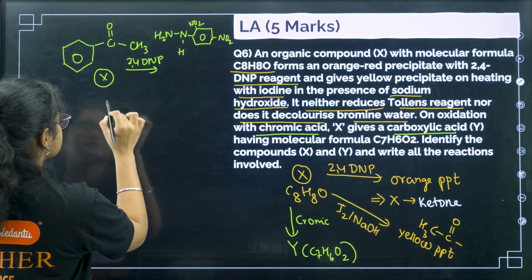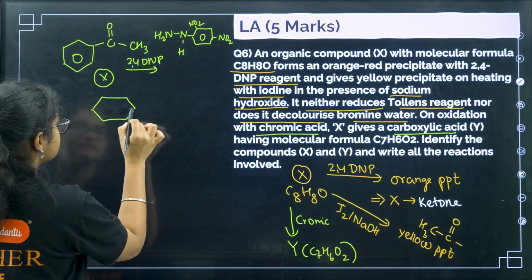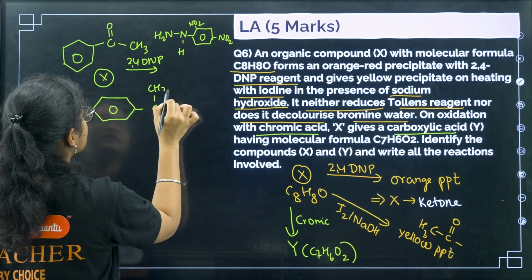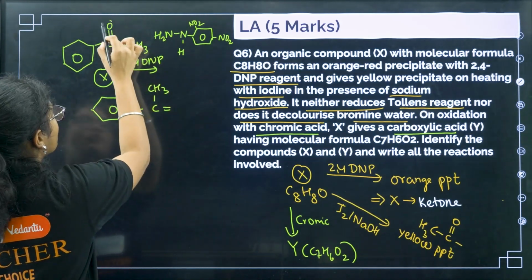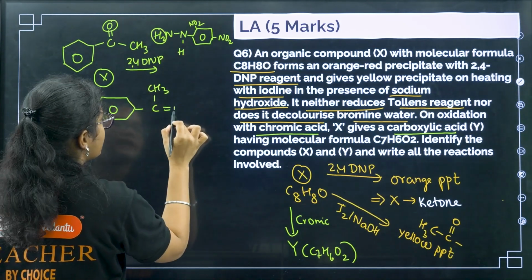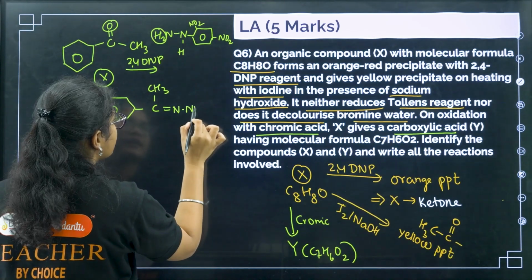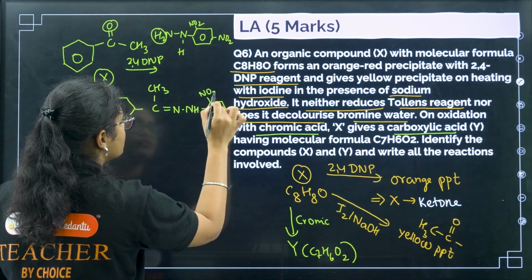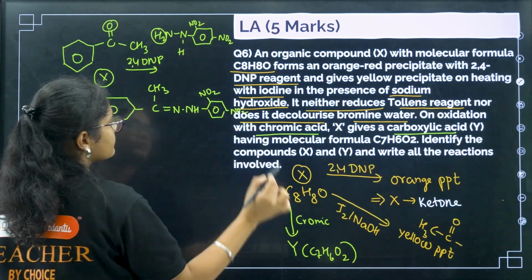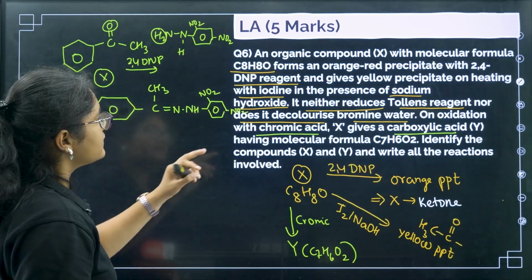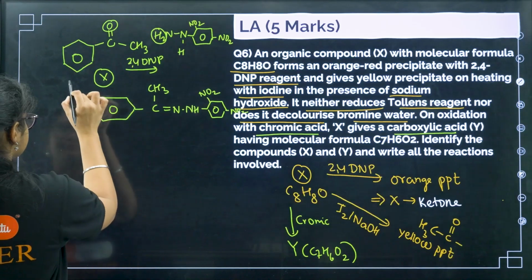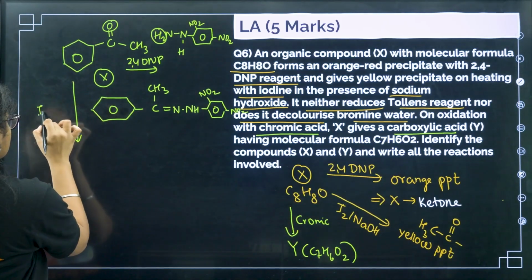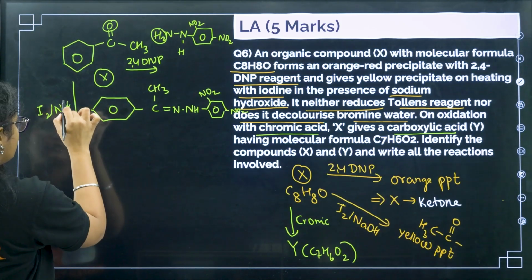Now if I react X with this one, I'll get this compound: CH3, then a double bond, the O and H2 will go, then I have N, then NH, and then the 2,4-DNP ring. That is the first reaction. Next, X reacts with I2 and NaOH, that is your iodoform reaction.